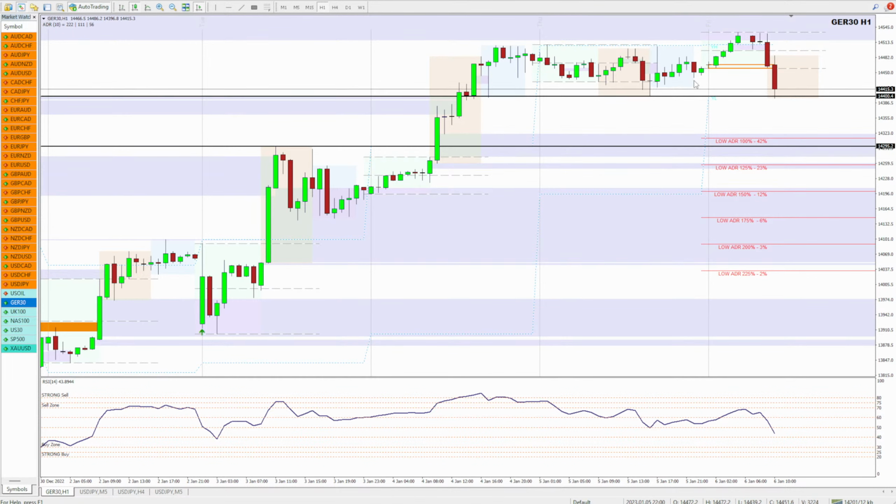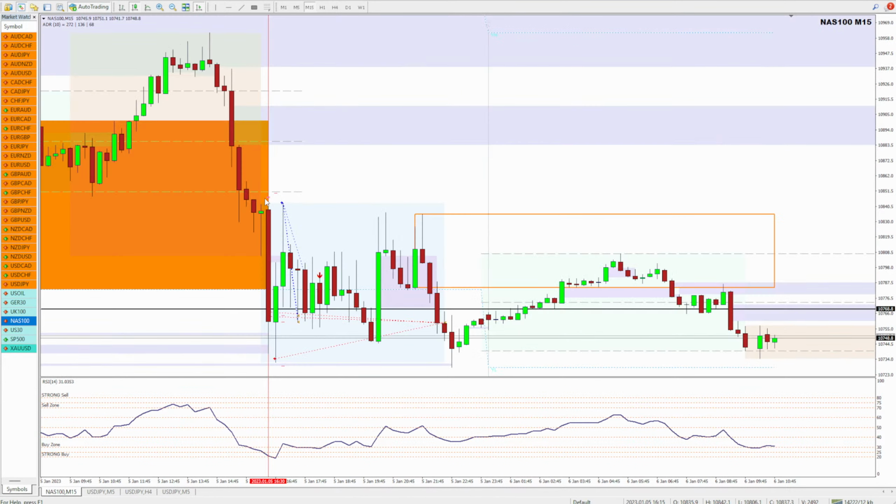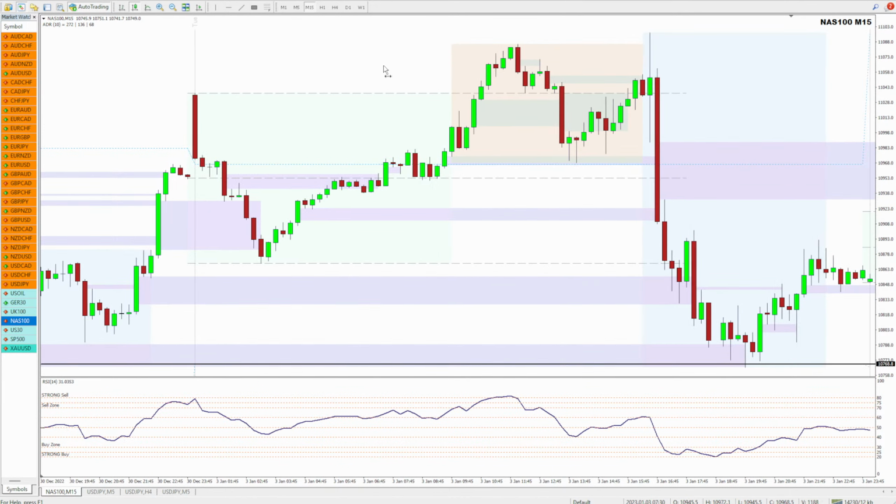So look, if you look at the movement yesterday on the DAX at the New York Open. There. So that's New York Open yesterday on the DAX. Look at the New York Open on the NASDAQ. A lot more volatility to the downside. Yet this is a bad example because it was awful, the movement yesterday.